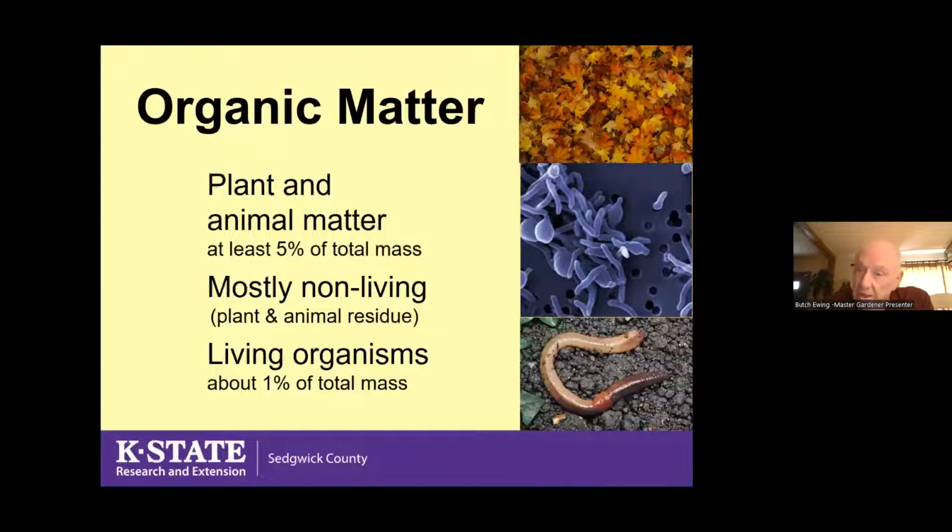Those natural elements are a lot of the nutrients that are needed by our plants and also by the living organisms in the soil. Those living organisms in the soil then make up about 1% of the total mass of your soil.